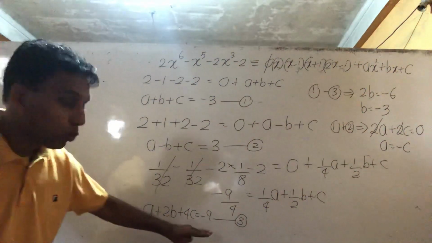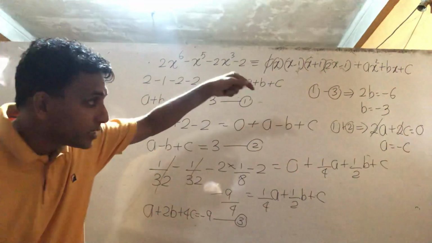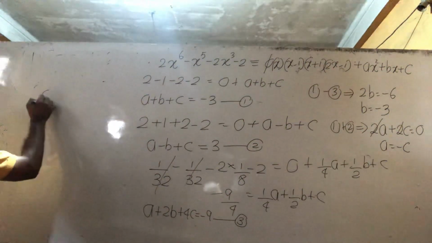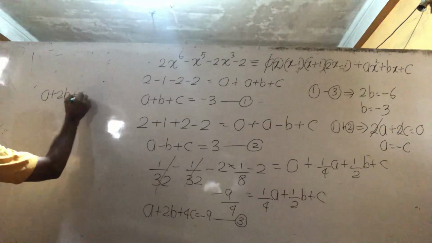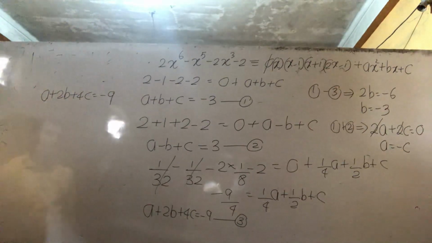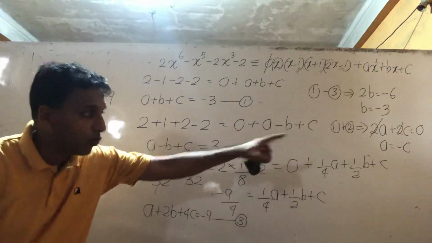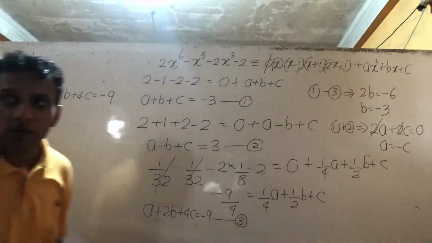Now still I will not use the third equation. I will substitute all the values that we knew already in the third equation. A plus 2B plus 4C equal to minus 9. Put these values. A for A. What is 2B?